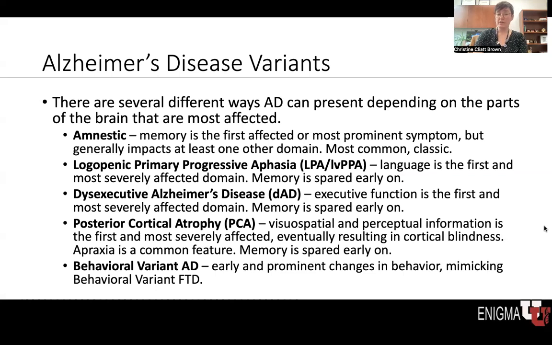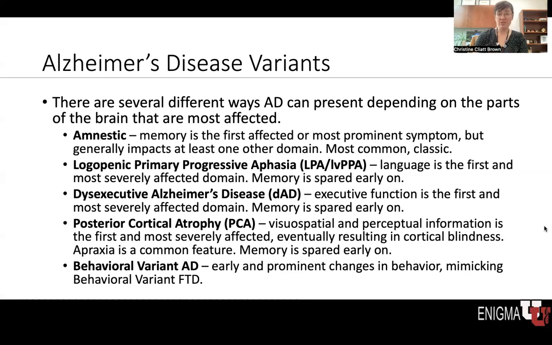This happens when Alzheimer's disease disproportionately affects the back part of the brain, the parietal and occipital lobes. This looks like early and prominent impairment in visuospatial and perceptual information.